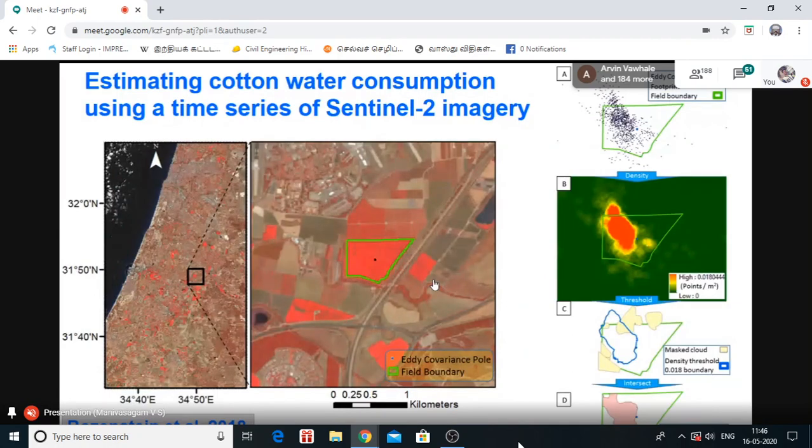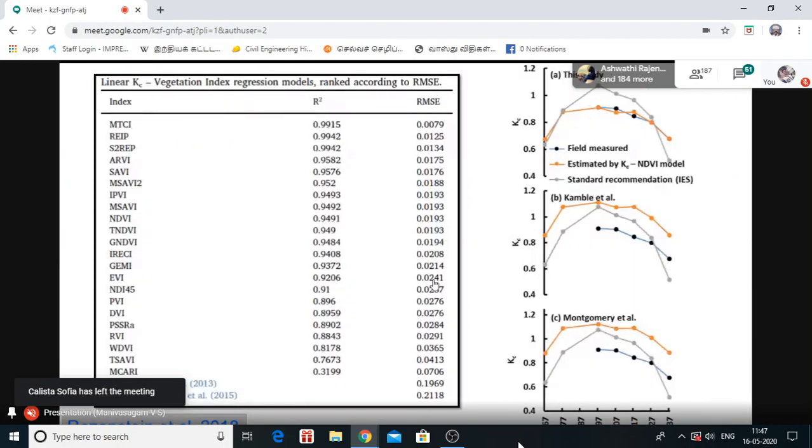So instead of standard KC, now we have the empirical model. We are replacing it with our own Earth observation in the form of vegetation indices. So there is no need for field measurements. If you see the results, the gray shows the standard practices from the government.